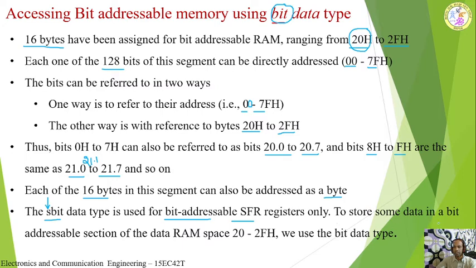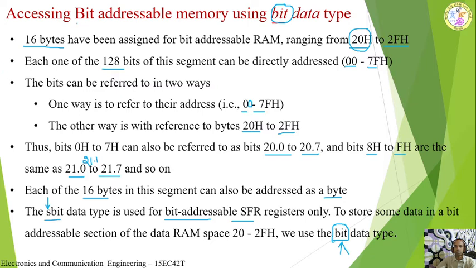To store some data in the bit addressable memory location of RAM space 20 to 2FH, we use the bit data type. What do we use the bit data type for? To access bit addressable memory locations. Don't get confused now. The keyword bit, or the data type bit, is used to access the bit addressable memory location.